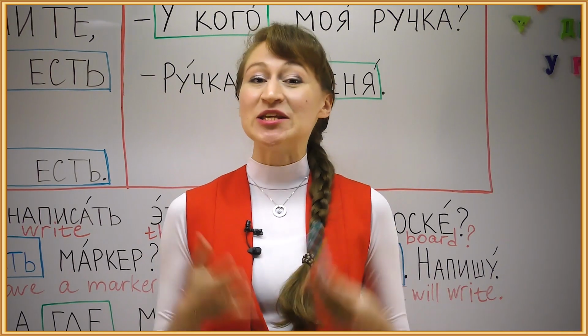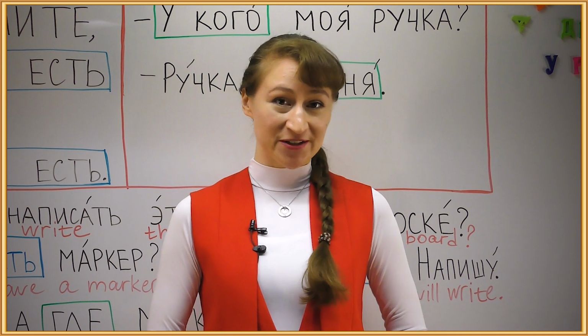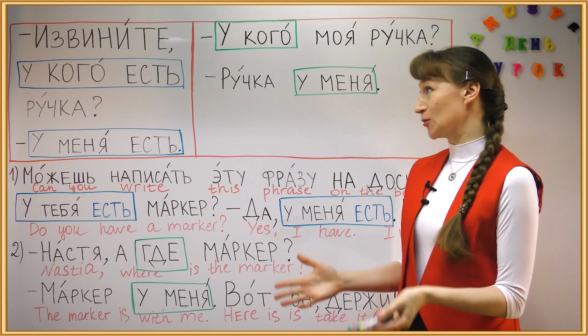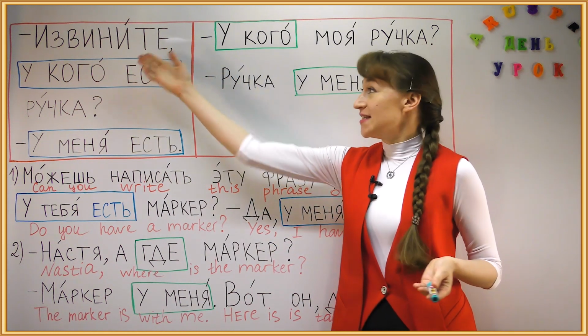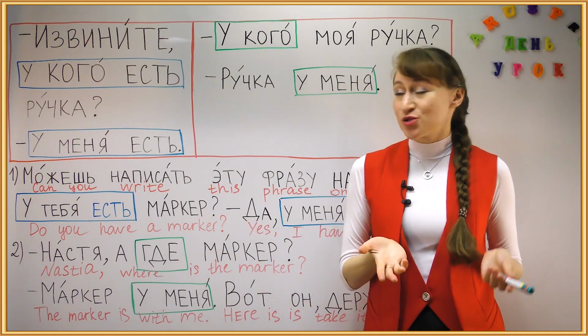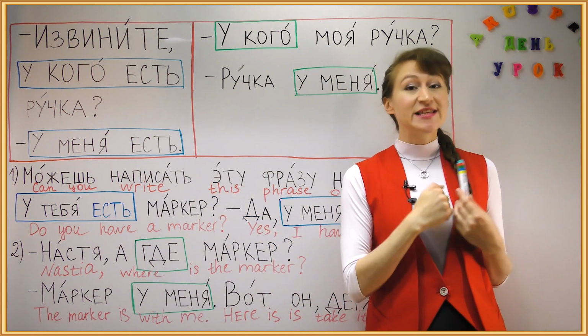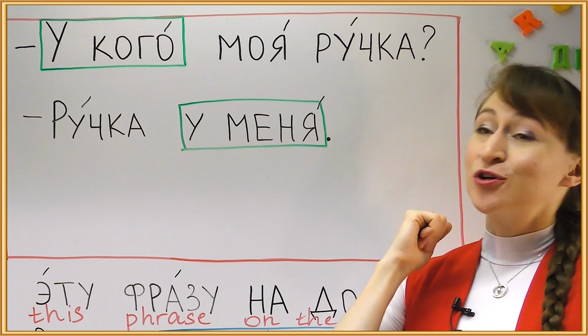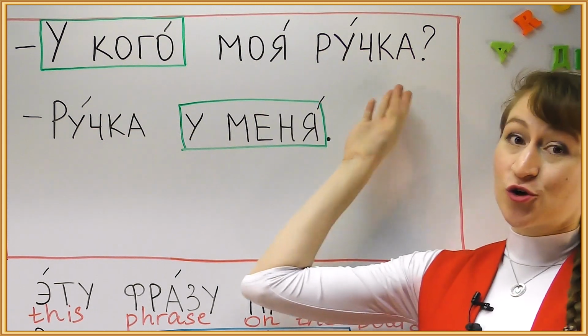There is another thing you need to know about the у construction in Russian and the question у кого. So let's take a look. Извините, у кого есть ручка? У меня есть. У кого моя ручка?